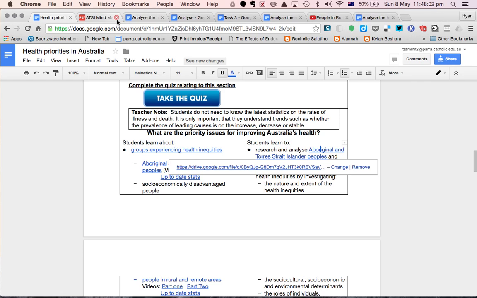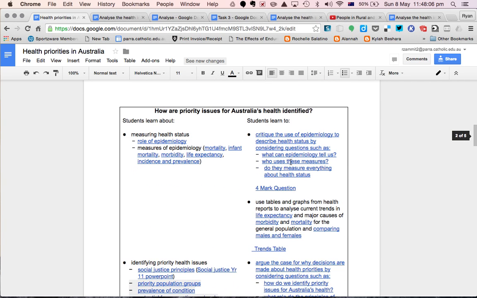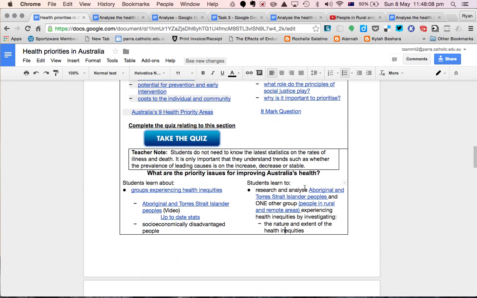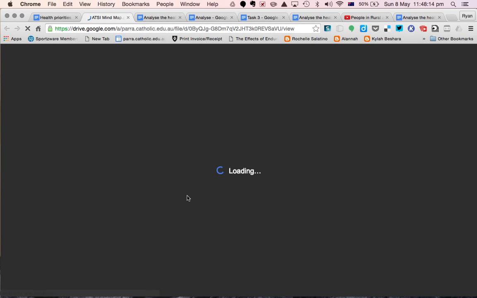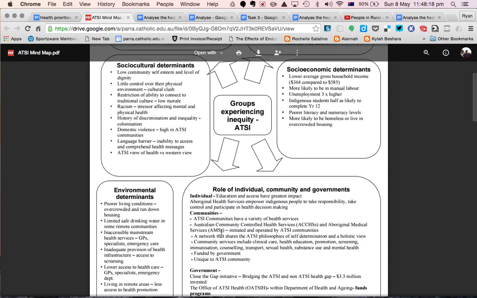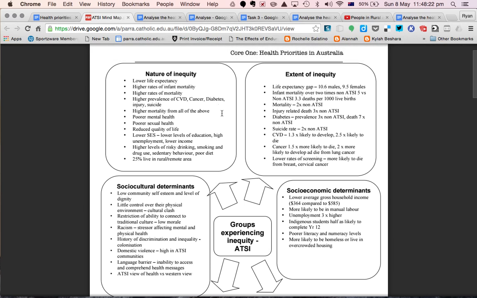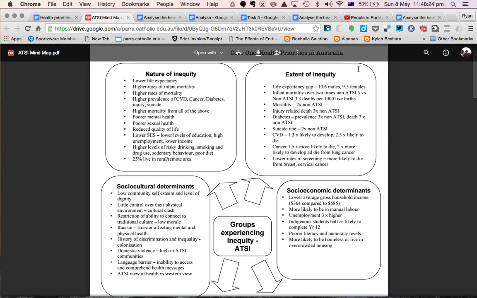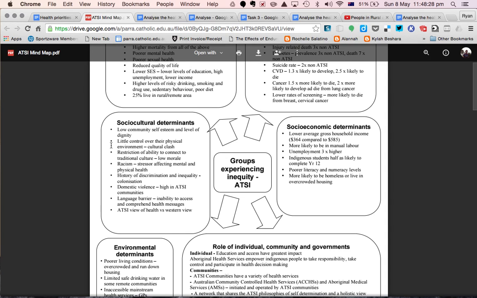I'll just show you what they are. Into your syllabus, which looks like this. You can see all these crazy links in there that we've linked in some documents for you, which provide an overview of the groups that you need to focus on for the assignment. So, for example, there's some information about the nature of inequity, the extent of inequity, socio-cultural determinants.